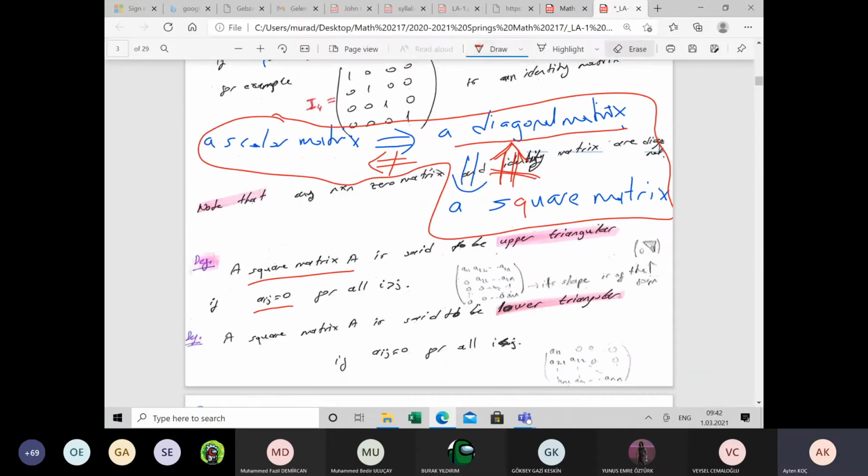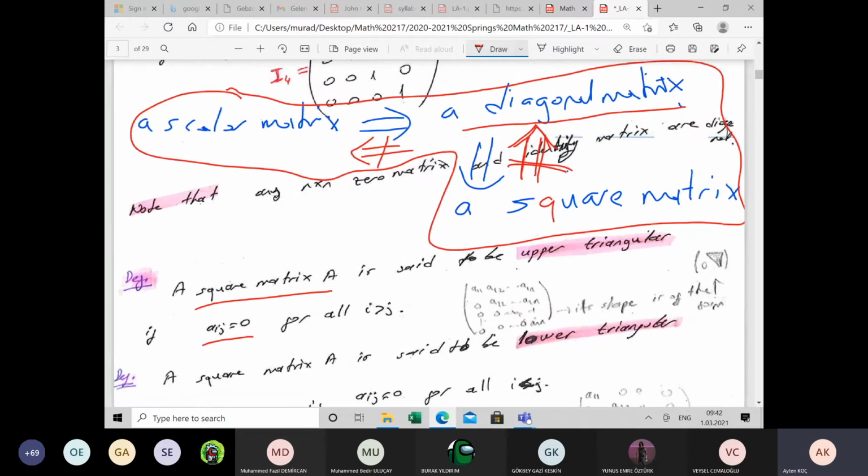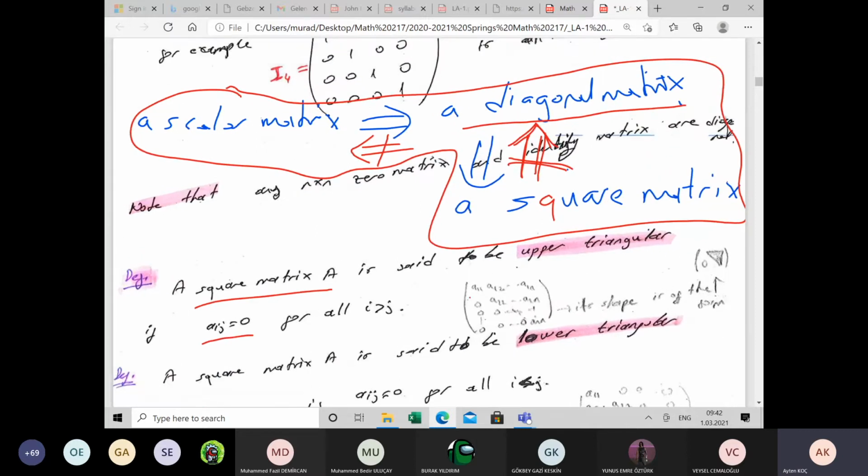Look at this one: the entry in the second row, first column, A sub 2 1, should be 0. It's okay, it is 0. And the next one, 2 2, does not satisfy this condition.